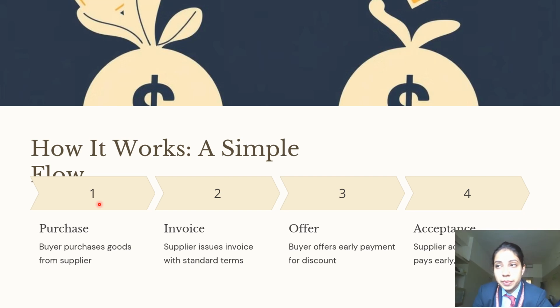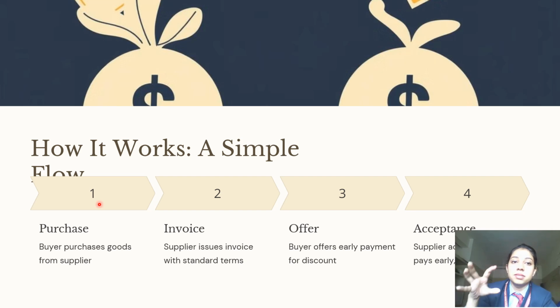The payment term will be either 30 days, 60 days, 90 days, etc. Here the buyer offers to pay the invoice early, let's take an example, like 10 days, in exchange for a discount of 2% of the total invoice given by the supplier. So the supplier will accept the offer, and the buyer pays early, receiving the discount.